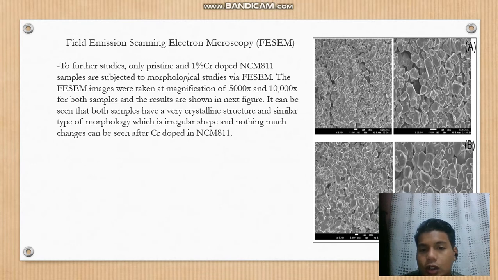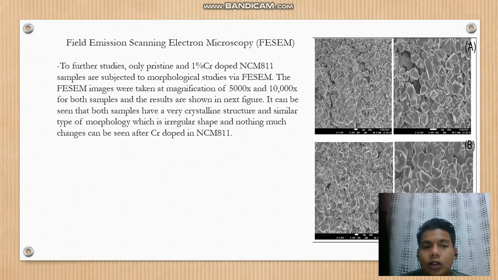This is also to reduce the time taken for me in using this FESEM instrument. So I only take 1% chromium dope as only this element shows the positive results.